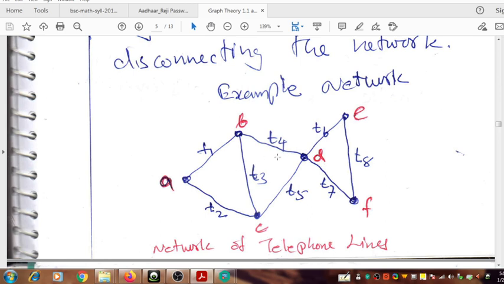But if we remove the two edges T4 and T3, the network will still continue to be connected. It cannot be disconnected. To make the disconnection, you have to remove three edges simultaneously.